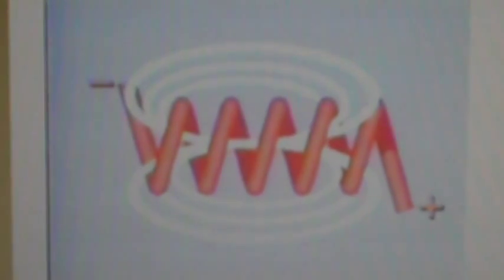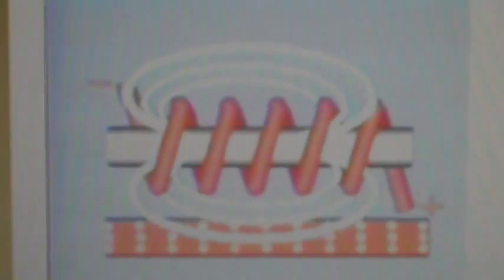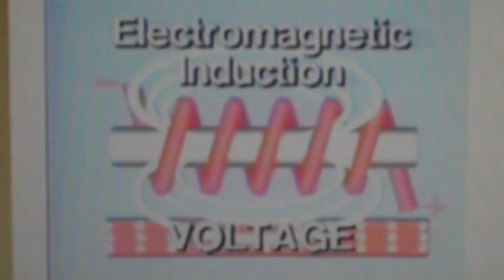If the wire is wrapped around an iron core, the iron core concentrates the magnetic lines of force. If the magnetic field is moved back and forth across a wire, it will generate voltage in the wire. This is called electromagnetic induction.